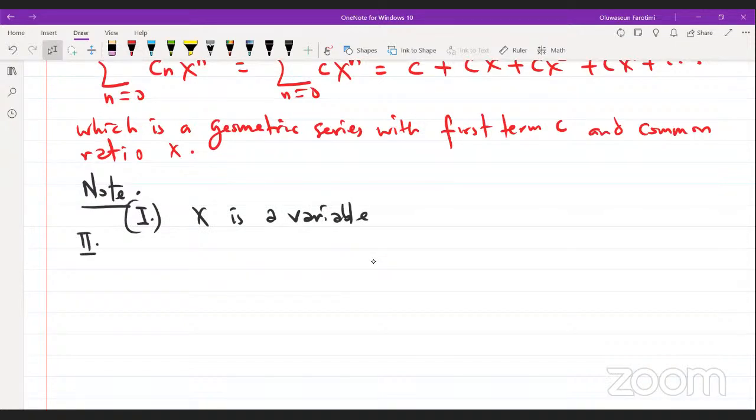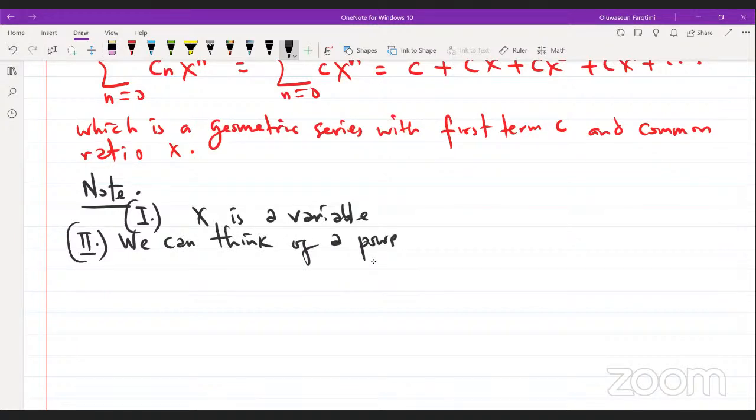The second thing is that we can think of a power series as a function of x.